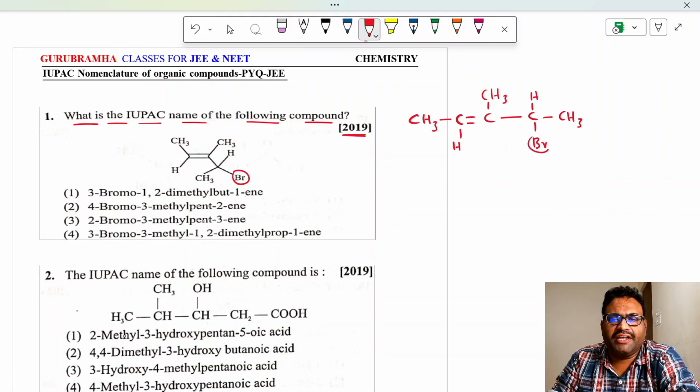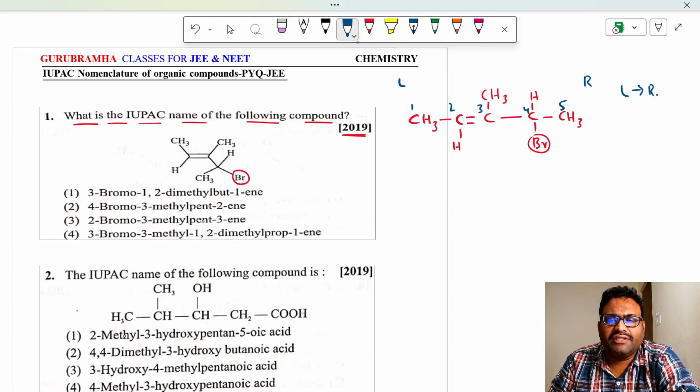We have written Br here. Let us number the given compound. If you try to number it, let us take one end as left, the other as right. So left to right it is 1, 2, 3, 4, 5.